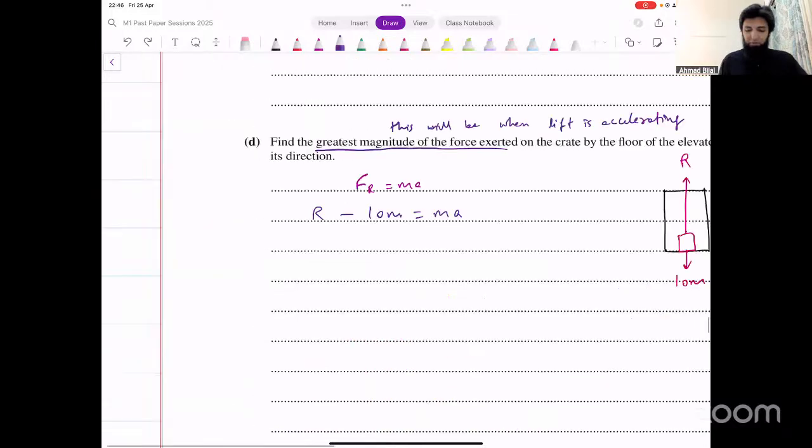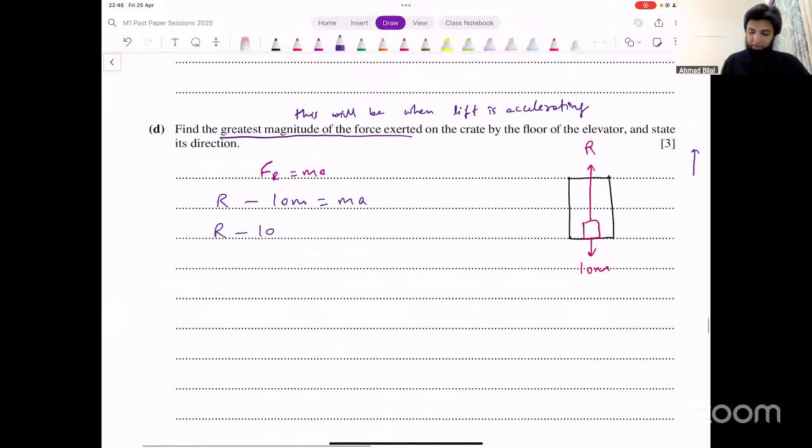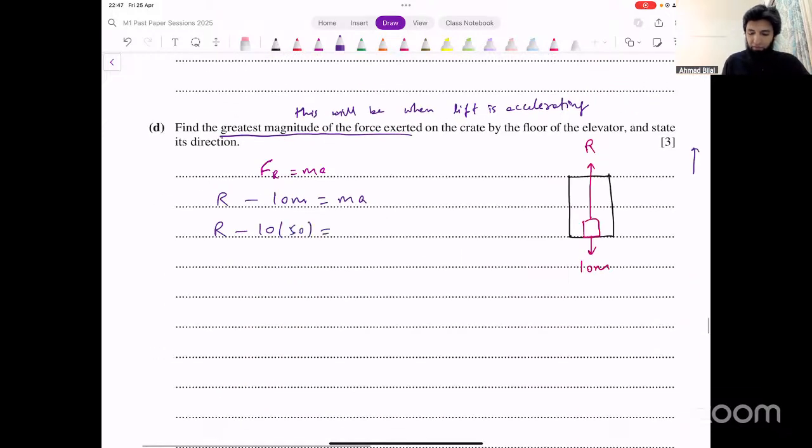That is what we use here. We say it becomes R minus 10 times m. We already know the value for m now. That's 50, equals 50 times 0.4. And that will give you the value for R. That's the greatest possible value of R. 20 plus 500, that's 520 newtons. That's the force that we get in this case.